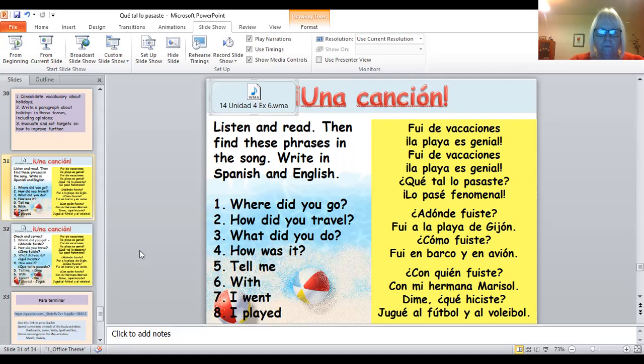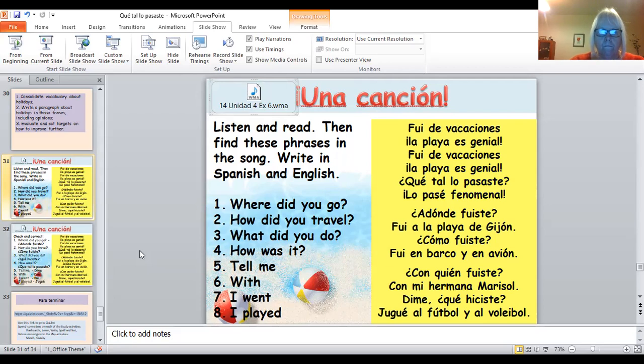Fui a la playa de Gijón. ¿Cómo fuiste? Fui en barco y en avión. ¿Con quién fuiste? Con mi hermana Marisol. Dime qué hiciste. Jugué al fútbol y al voleibol.